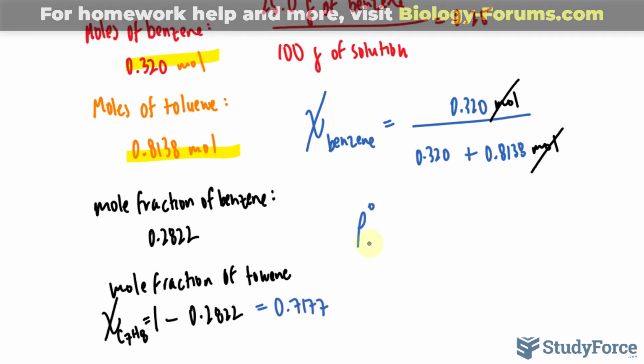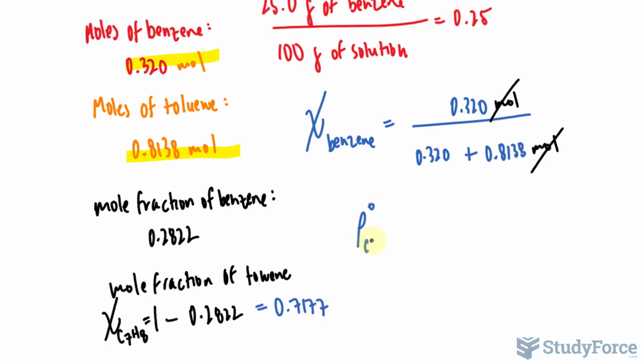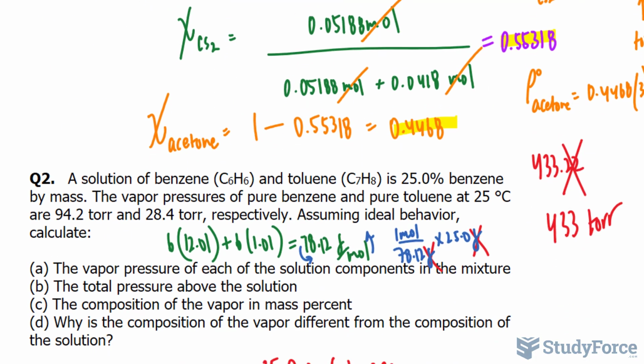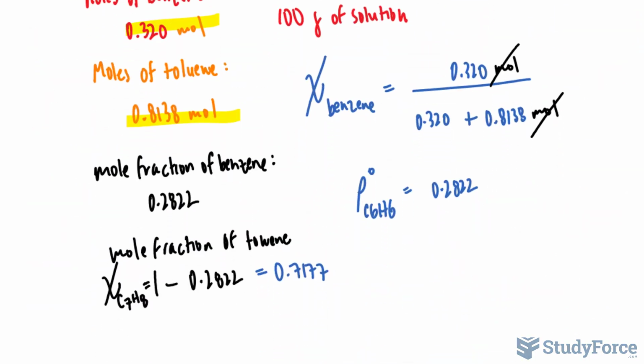So the partial pressure of benzene, C6H6, is 0.2822 times the pressure of 94.2 torr. Our final answer should be in torr.